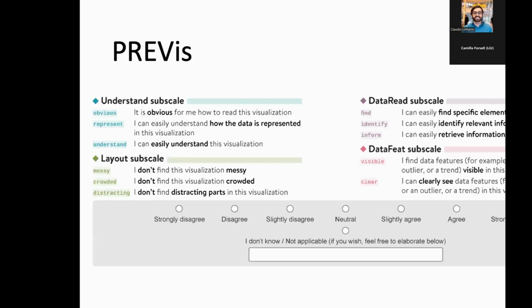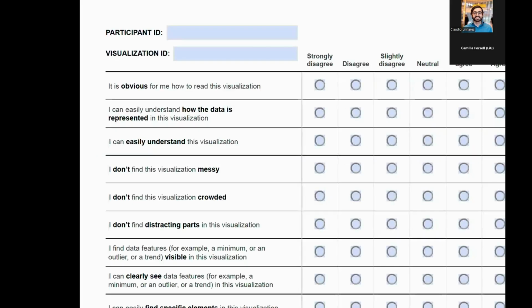This is what it looks like on one of their websites. And this is the actual sheet that you can use. You can design your own, or you can download it from there. I have printed out versions as well. There are 7 scale steps, and there's also a not applicable option.